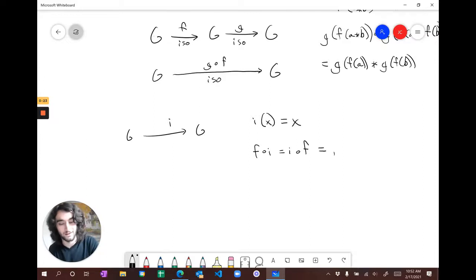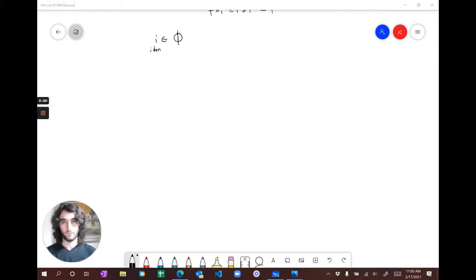So of course, that's the same as doing F, right? So with respect to this operation, the identity function is the identity element of the group that we're talking about, of Phi. So I is the identity element of Phi.